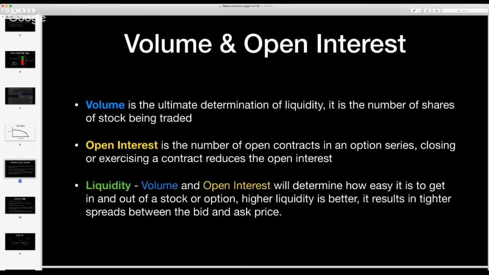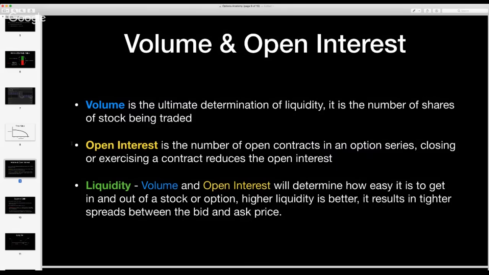Now, open interest, all that means is that's the number of open contracts in an option series. If you close a contract or exercise a contract, that reduces the open interest in that particular option contract. All right?